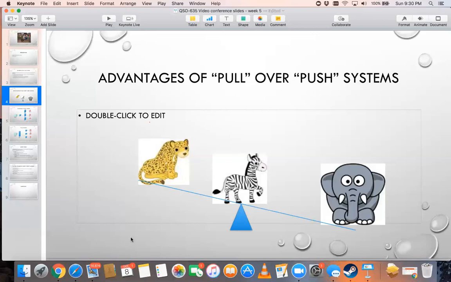Now, to be fair, if you have a push system in certain situations where you have a very short lead time and the ability to get the product out to the vendors is pretty quick, you may be able to have a push system that can respond relatively well.